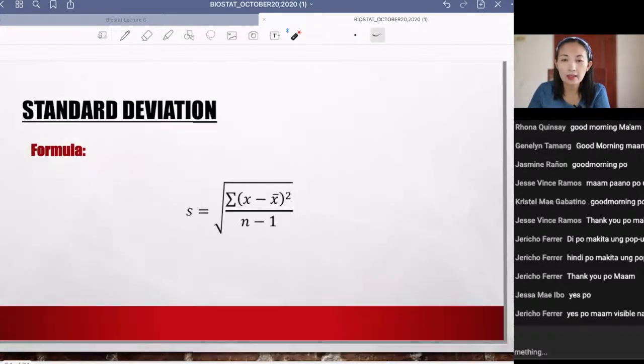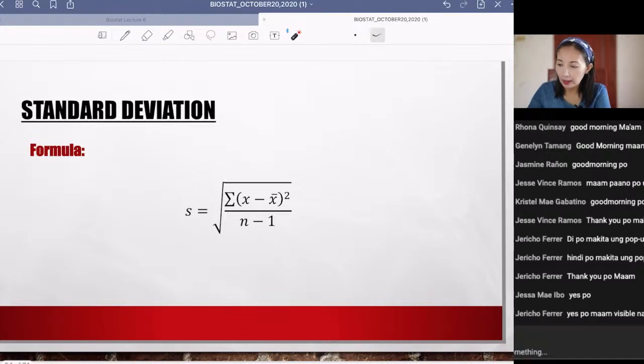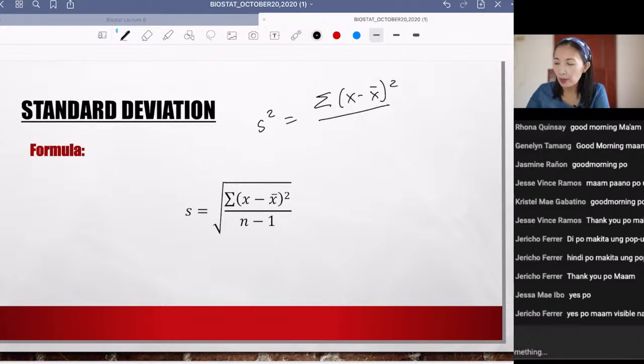Okay, the standard deviation. Recall a while ago that s squared is equal to the summation of x minus x bar squared over n minus 1. This is the sample variance, and therefore this gives the sample standard deviation, SD.